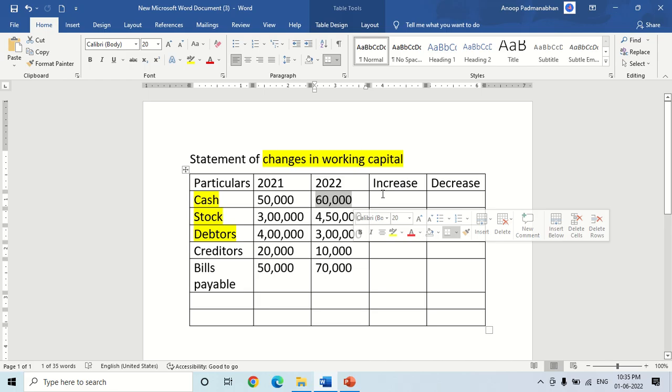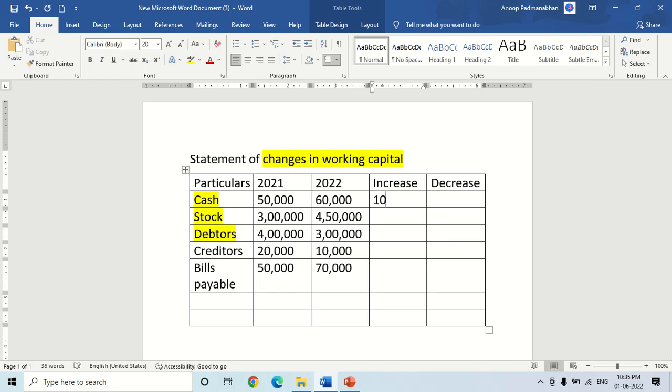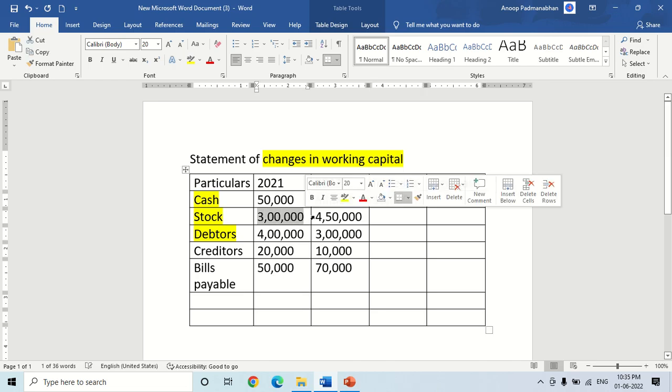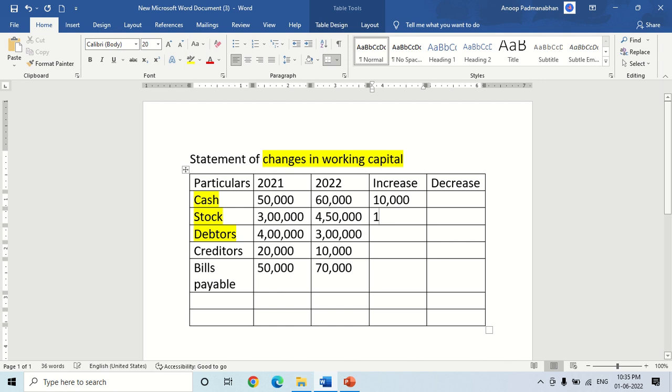There is an increase, so I have to write in the increase column because it is same action. How much is it increasing? 10,000. Next case, first year it is 3 lakhs, second year it is increased to 4 lakhs 50,000. Same action. How much is it increasing? 1 lakh 50,000 rupees. So I could write that figure here.